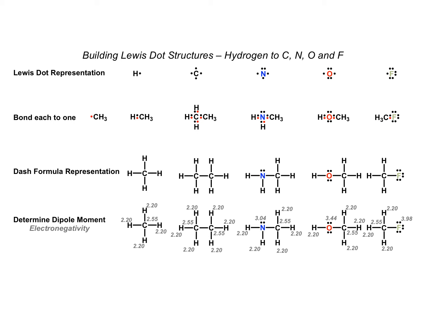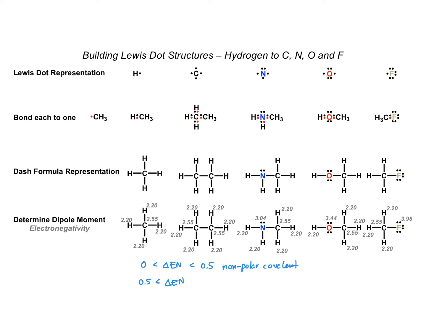So let's write that down. So we'll say 0 is less than delta electronegativity is less than 0.5. That's non-polar covalent. Then we can say 0.5 is less than delta En.